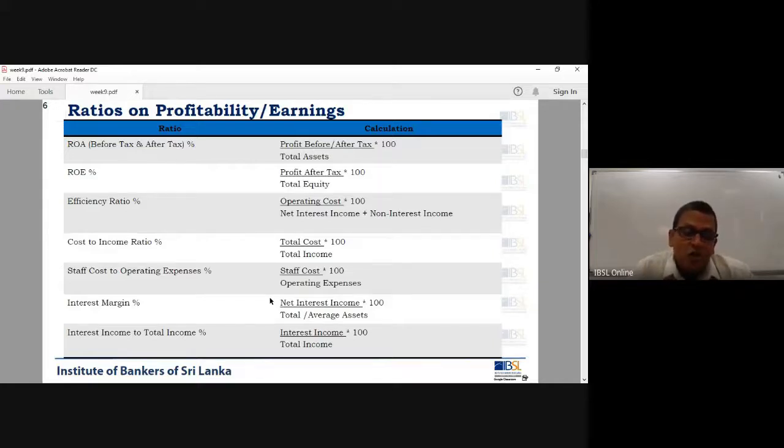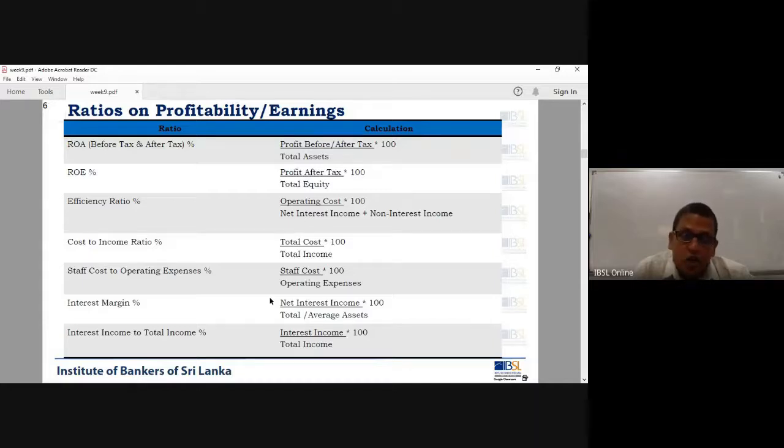The other one, normally used in the banking sector, is the net interest margin ratio. We calculate net interest income divided by the total or average assets multiplied by the 100. How do we calculate average assets in the exam?